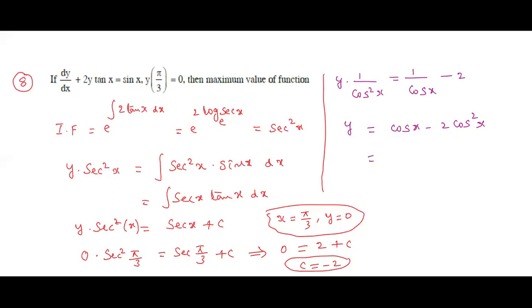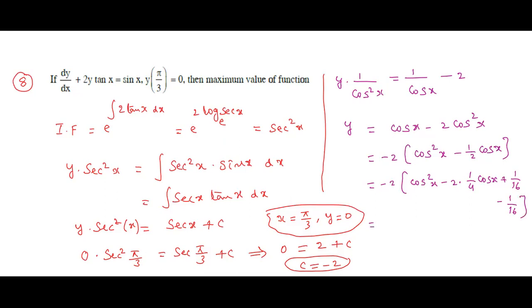So here take minus 2 common. Then we get cos square x minus 1 by 2 cos x. This we convert into a perfect square. What we get? Cos square x minus 2 into 1 by 4 cos x plus 1 by 16 minus 1 by 16.